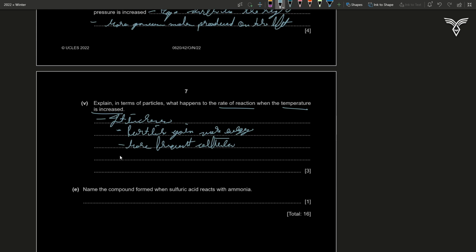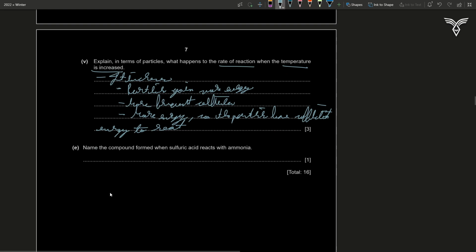They move faster, they collide more quickly, more frequent collisions. دولت عندهم more energy, so it has particles عندهم sufficient energy to react. So the particles have sufficient energy to react. Or you can refer to the activation energy. More particles have energy equal to or above the activation energy. I would prefer ان احنا نرفر the activation energy, but both statements are correct.